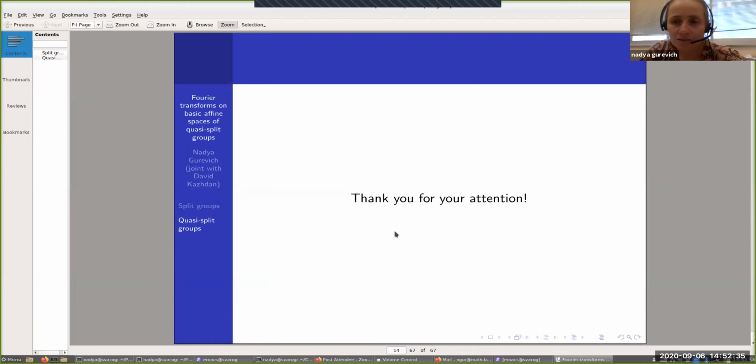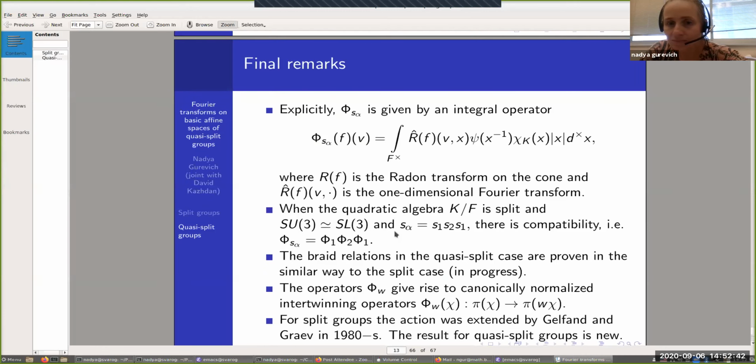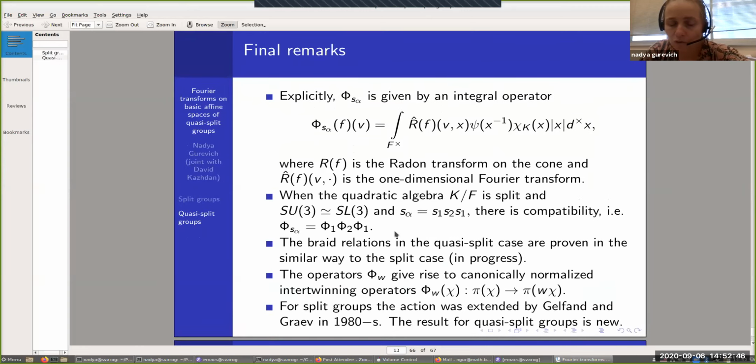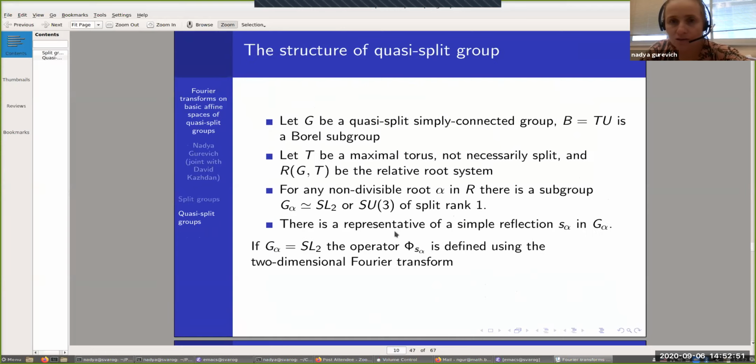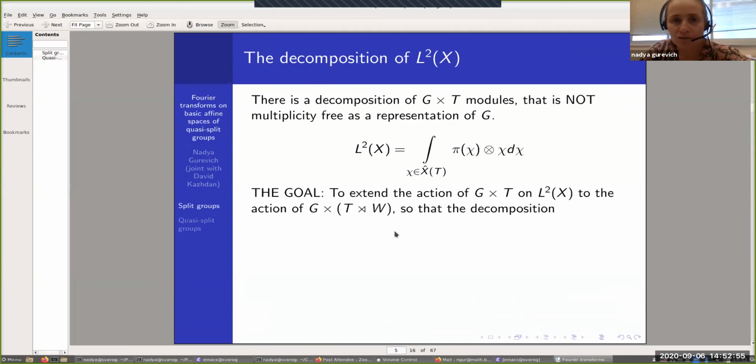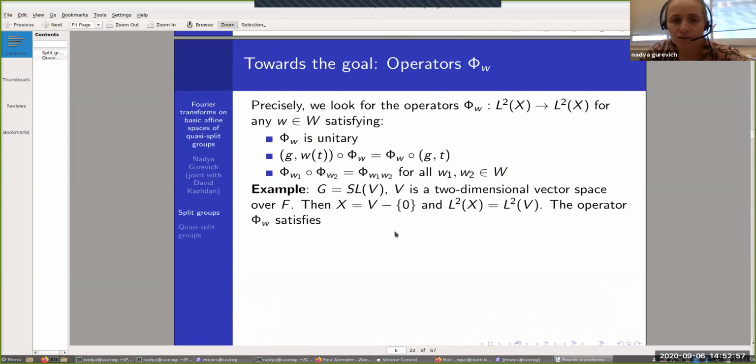May I ask regarding the canonical construction, do you have a functional equation, or maybe I missed it? Yes, of course there is a functional equation. Since, let me go to the beginning here.